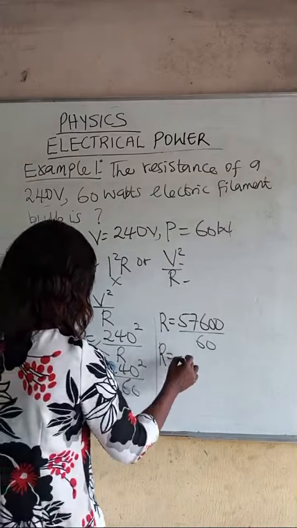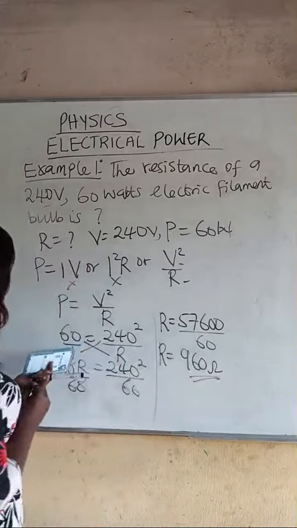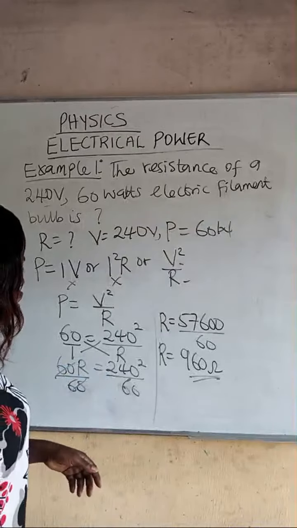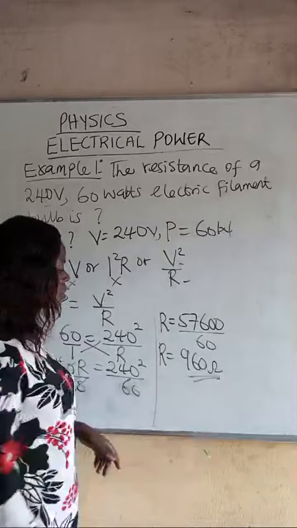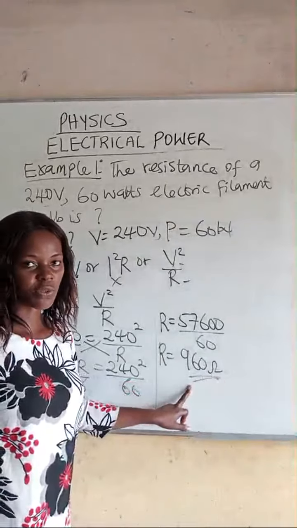So my R becomes 960 ohms. This is the symbol for ohms, and that's the unit of resistance, okay?